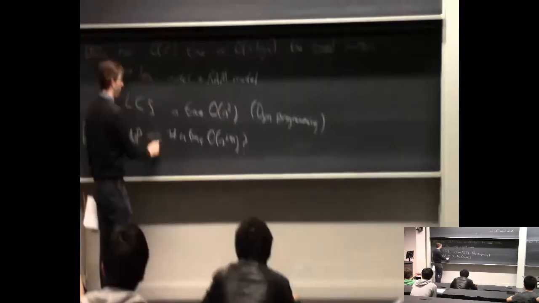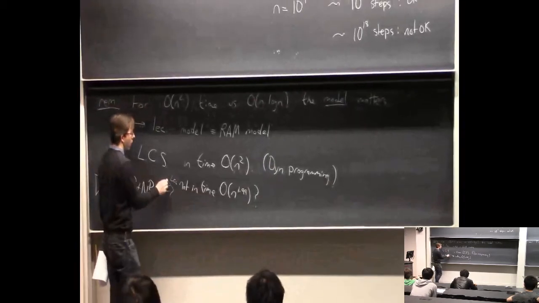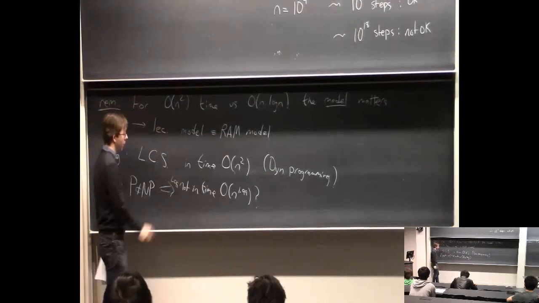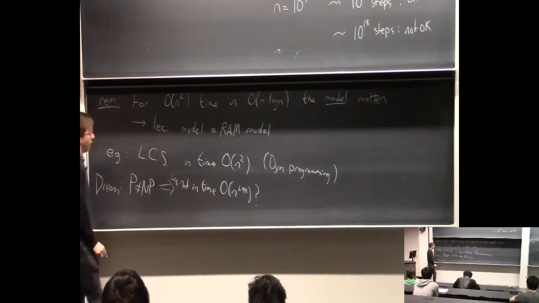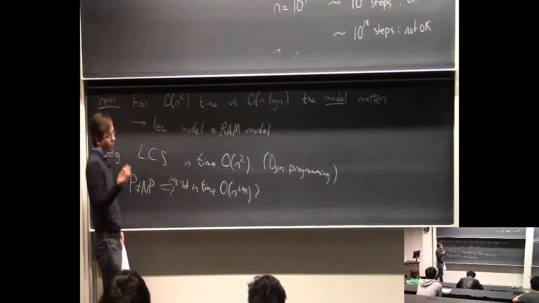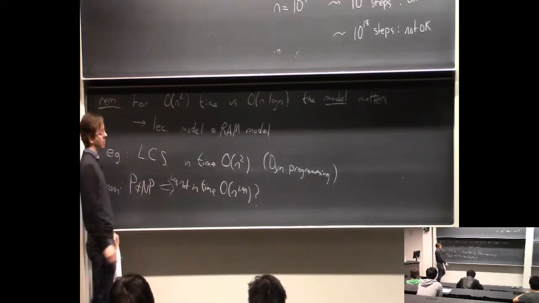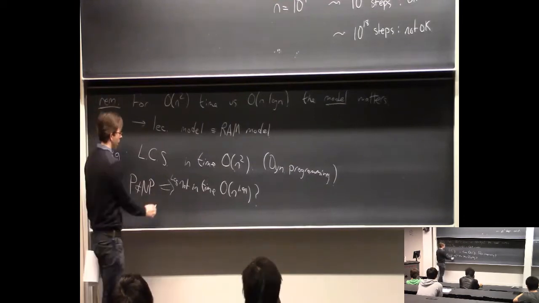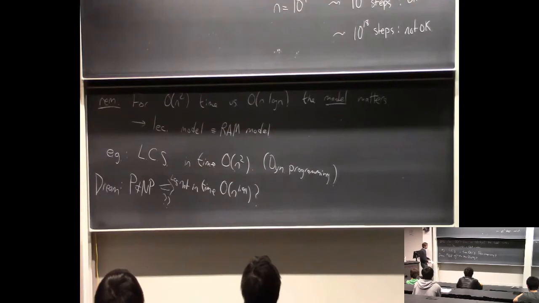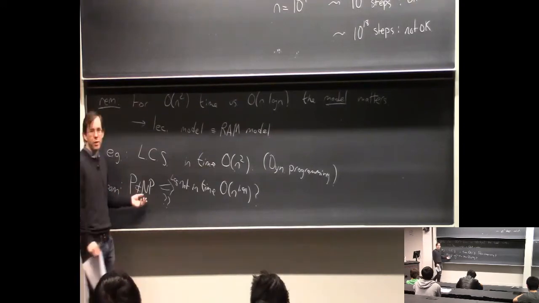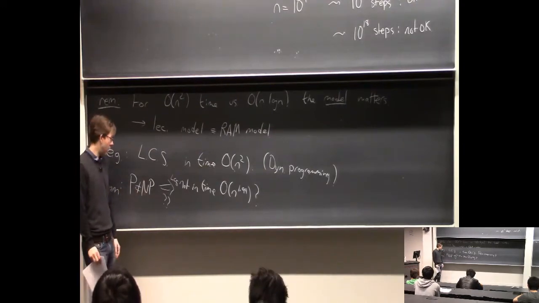So this would be a great result. You could show that P not being NP implies that the longest common subsequence problem, for example, or some other problem of this flavor, can't be solved in time n to the 0.99. But we don't know how to do this. And it seems kind of tough because really, it could be that everything in NP, let's see.